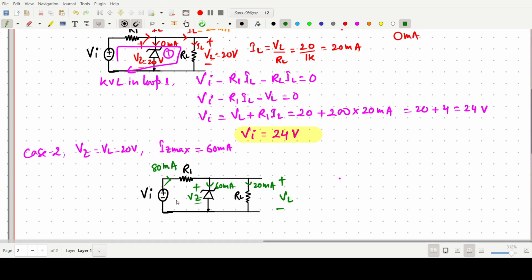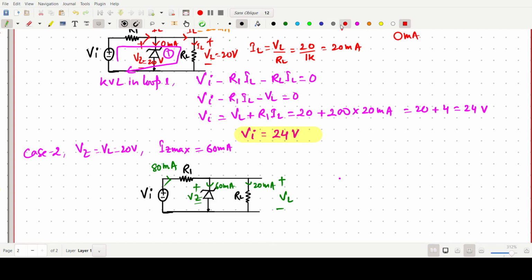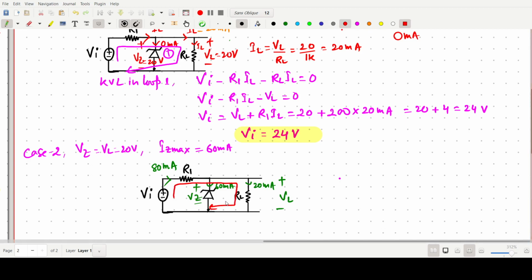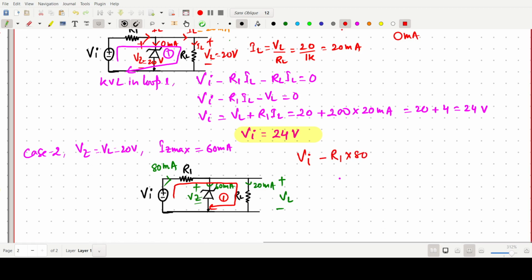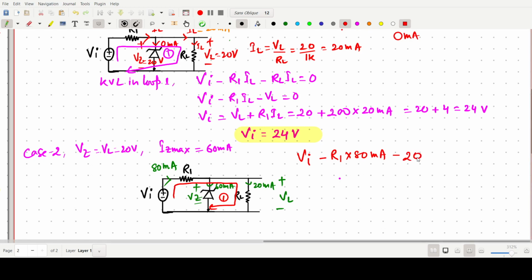Now again if we go for Kirchhoff's voltage law in loop 1, one can write Vi minus R1 into 80 milliampere minus VL, that is our 20 volt, equals 0.